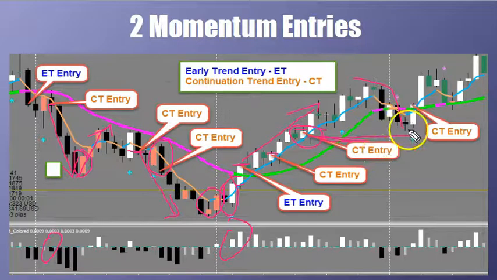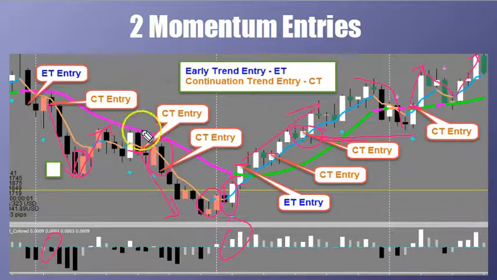So price instead bounces up higher, closes this big candle right here, almost no upper wick, okay? The candle closes at the top of the range, which shows that the bulls have come in by force. There's good momentum coming in. Getting in here on this CT entry would have given you a nice profit here. Price had come down a bit and then went up higher again.